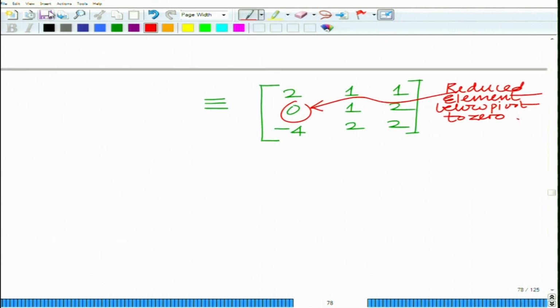Now, similarly, you can also reduce this to 0 by performing R3 plus 2 R1.